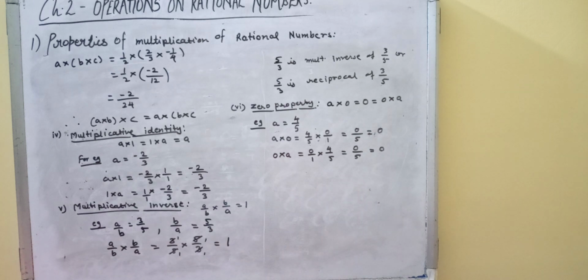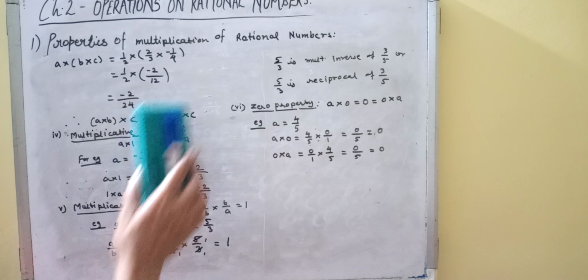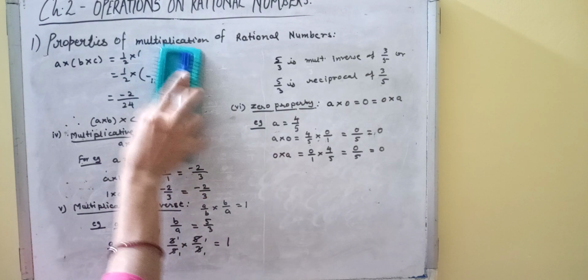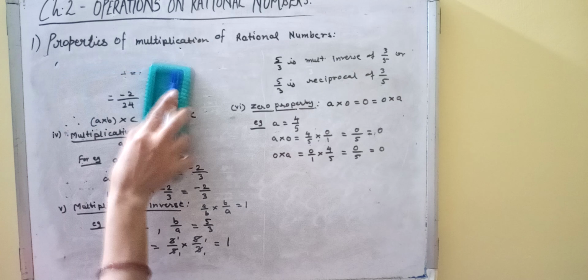Now the next property is the distributive property of multiplication over addition and subtraction.